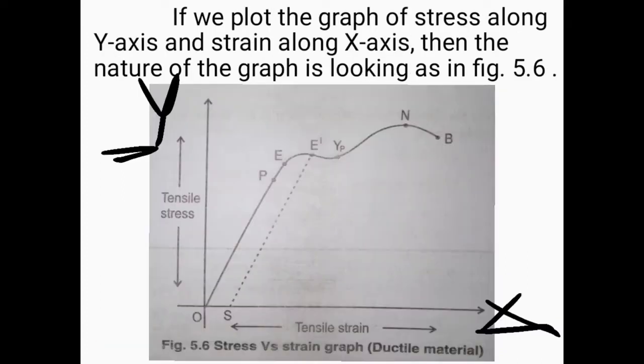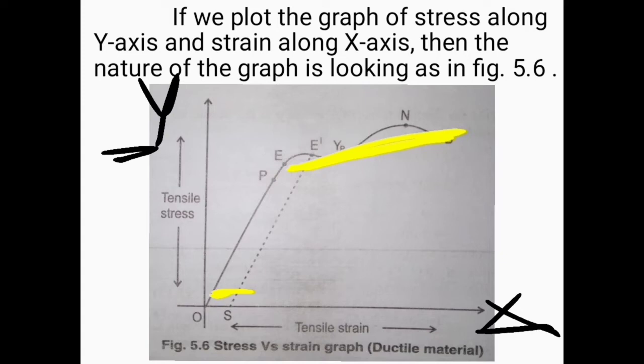Now we are going to discuss what a permanent set is. This distance O to S is nothing but the permanent set. Later, from the diagram, E to B, this portion E to B, this region, load is applied on the wire and removed.